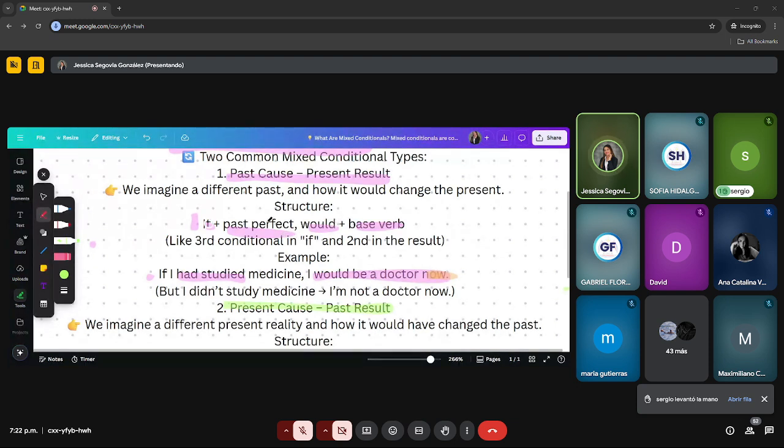Remember that for the first structure, para empezar, en la primera estructura de past cause or past situation y present result, no tenemos la combinación de would have, ¿verdad? Entonces, ya cuando ven la ausencia de la combinación del would have y quizás solamente hay un would, it's probably the first type. Past perfect consiste de tener la palabra had no como verbo principal y cuando lo tiene como verbo principal se utiliza doble.